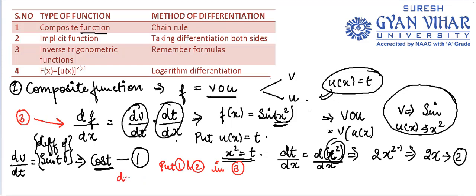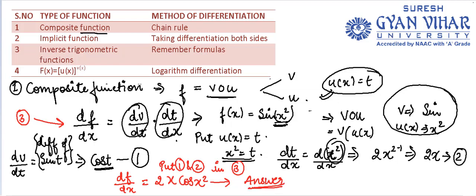So I'll put 1 and 2 in third. What we get is df by dx equals twice of x times cos of t. And what does this t represent? x square, so it will be cos of x square. This is your basic answer.